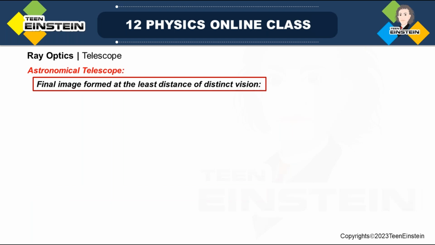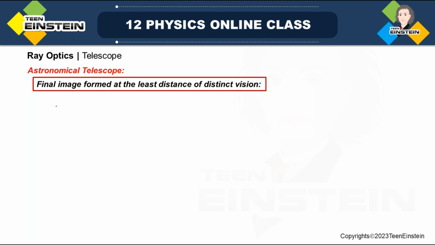So magnifying power, we have already discussed the definition, so I'm not going to write it here. I'll just tell you. Magnifying power of a telescope is defined as the ratio of angles subtended at the eye by the final image formed at this distance of distant vision to the angle subtended at the eye by the object at infinity when we see directly with the naked eye.